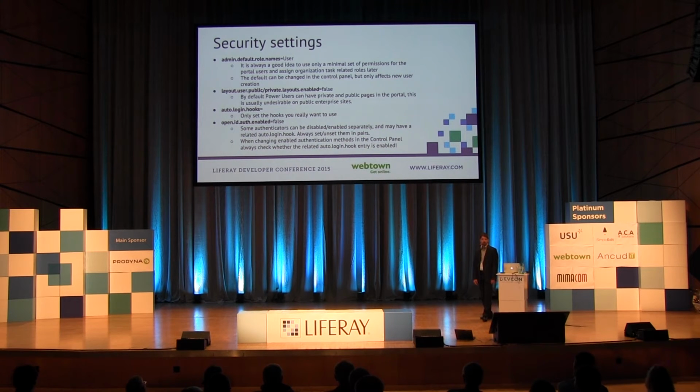And disable all the auto-login hooks in the portal. There are a lot of hooks, of course, and I will talk about them a bit later. And I included only one authenticator, which has its own property in the portal, the OpenID auth enabled.